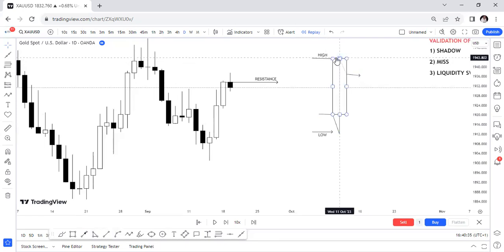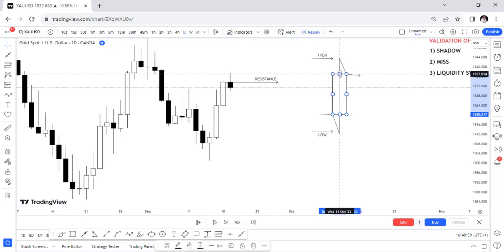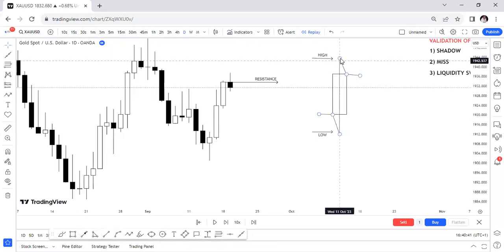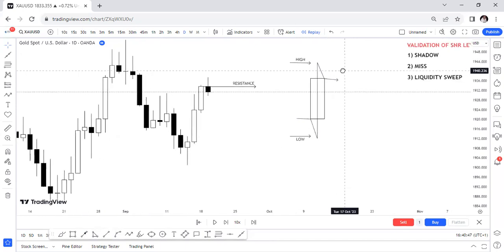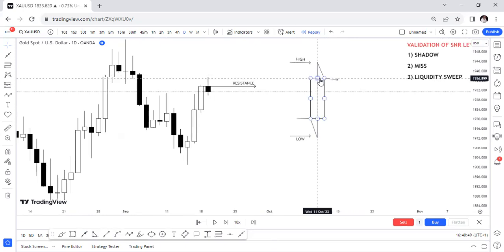Now, what happens when price starts coming down to this place? From this place to this place represents a shadow, a wick. You can't see it as a full body. As price goes back upward into the opening level, this place starts becoming tiny.